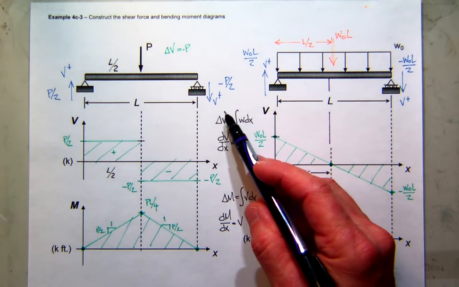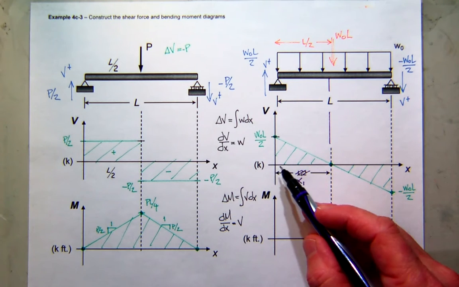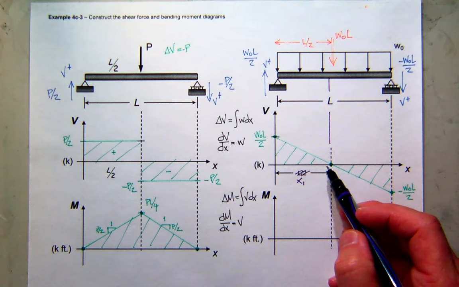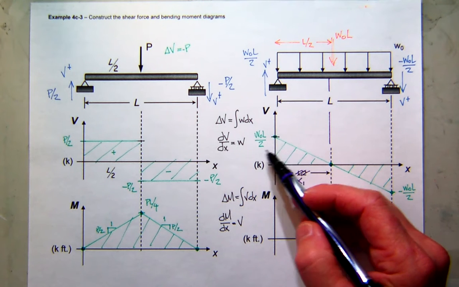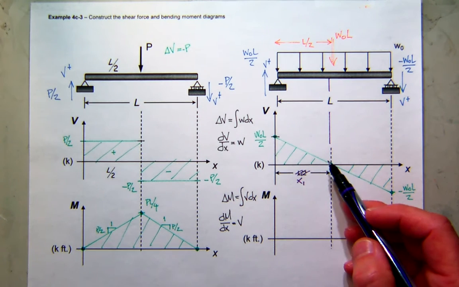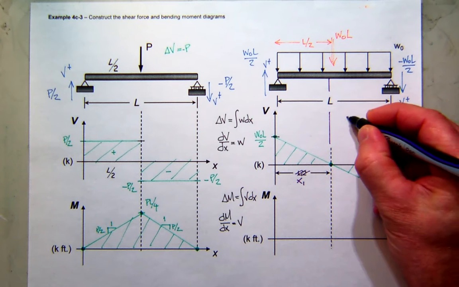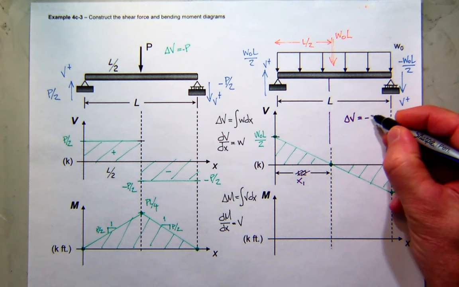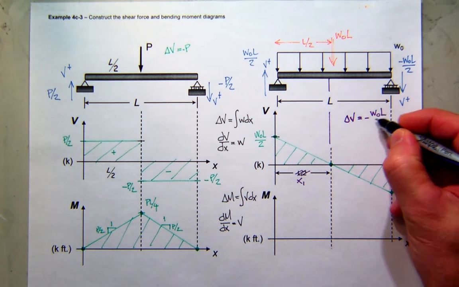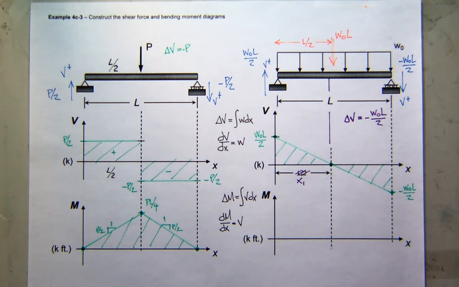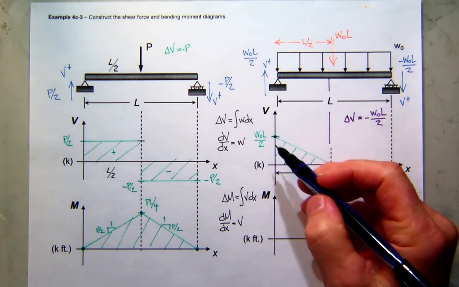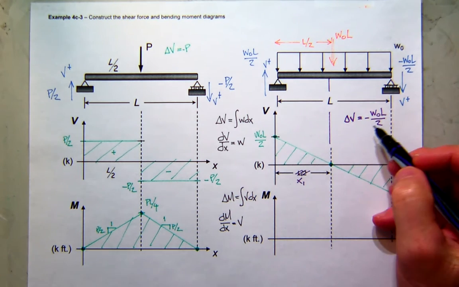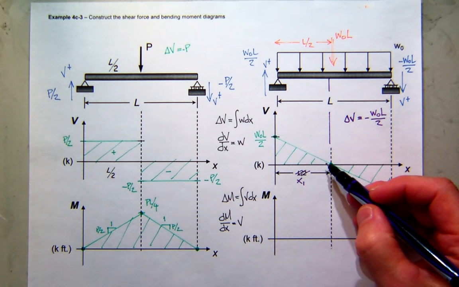What's the change in shear, the left-hand side here, from left to right? Well, it starts off at W naught L over 2, and it ends up at 0, so that means my change in shear is minus W naught L over 2, right? See that? Starting at a positive value, and if I add this negative value to it, I get 0. So that's my change.